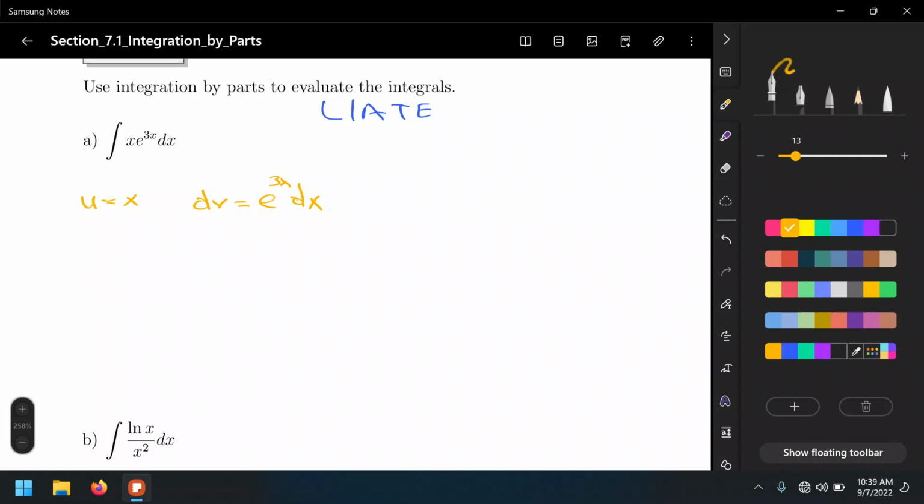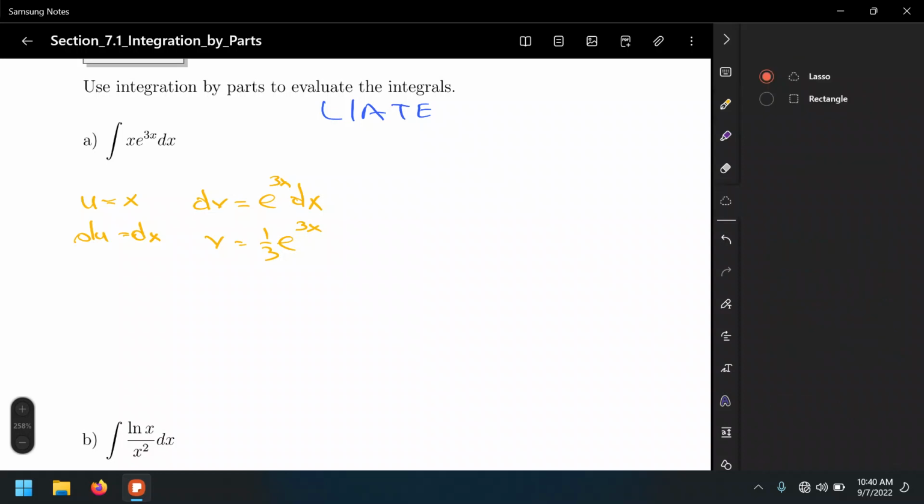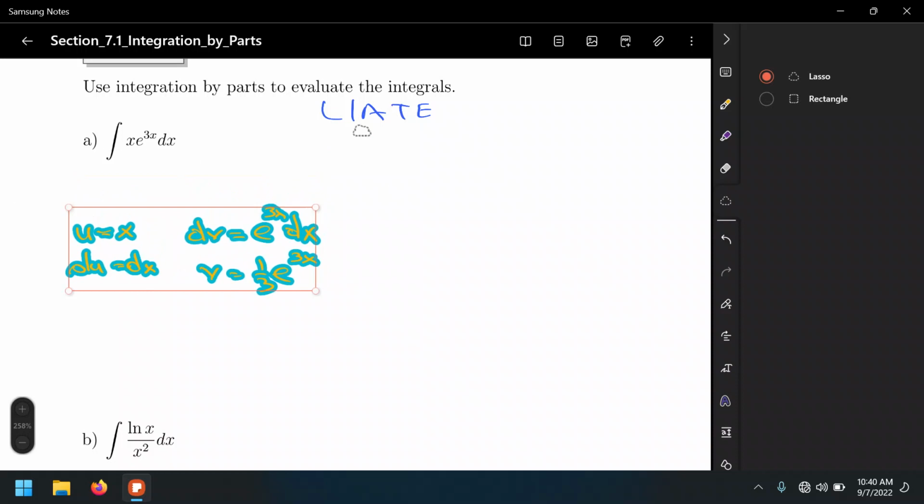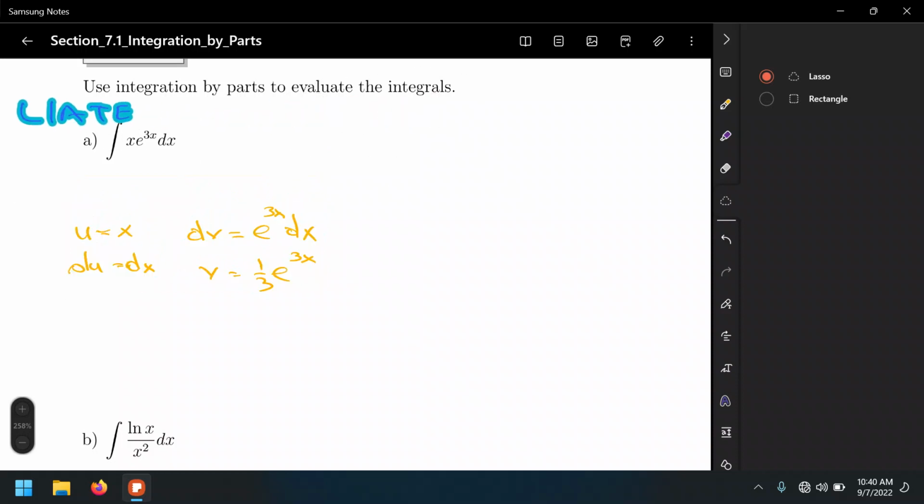So what's the derivative of x in this case? Well, that's du, that's equal to dx. And well, v will be the integral of this. That's the integral of the exponential, which is e to the 3x times 1/3. And we have the 4 parts that we need for our setup here, so we can evaluate this integral by parts. All right, so let's see.